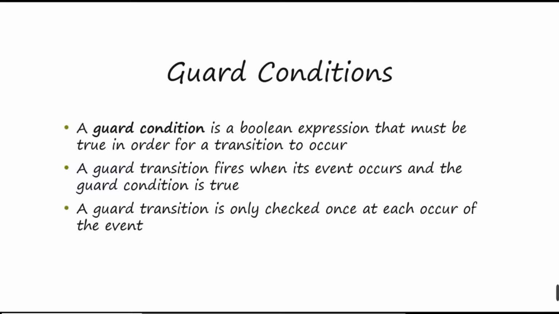Whenever the event occurs, the guard condition will be checked, and only when the value of the guard condition is true will this transition succeed. Otherwise, this transition will fail.